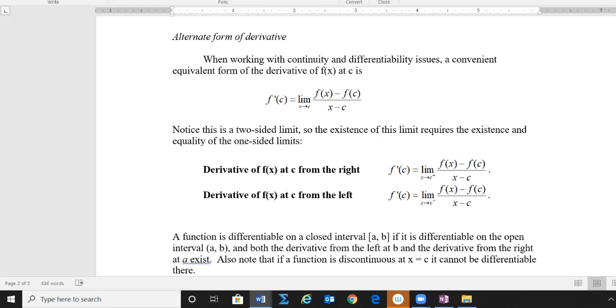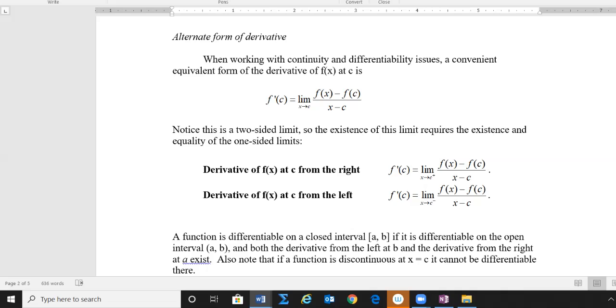What's good about this is that it's our standard two-sided limit, and that means we can approach this as two one-sided limits if we need to. So this is good for calculating slopes at endpoints on intervals, or at a break for a function. If there's a hole there or something, you want to investigate that. This is the form that you can use.